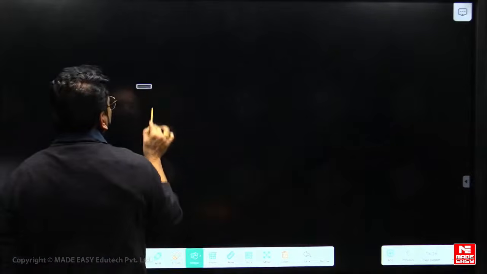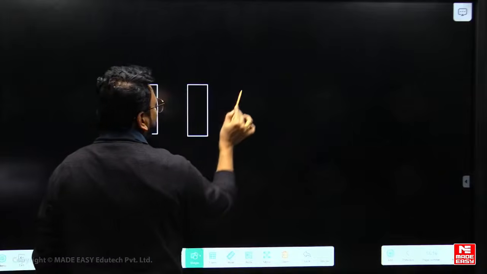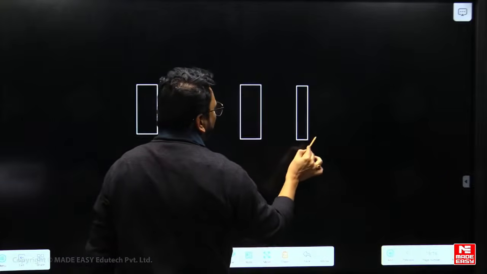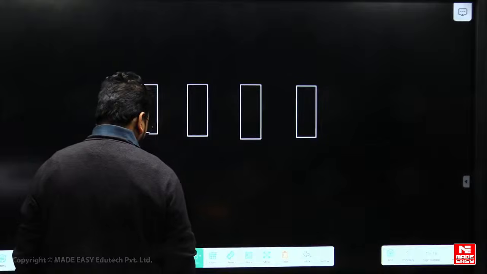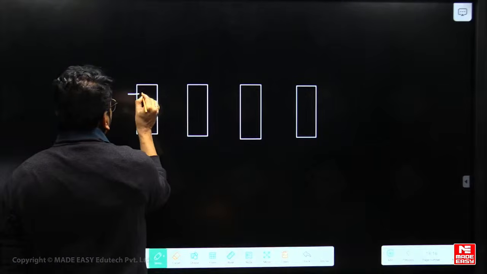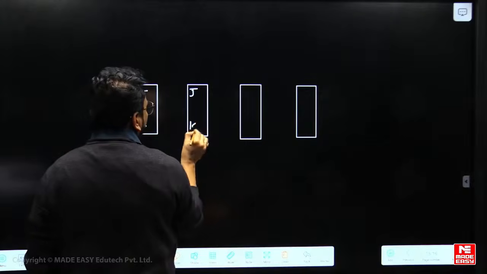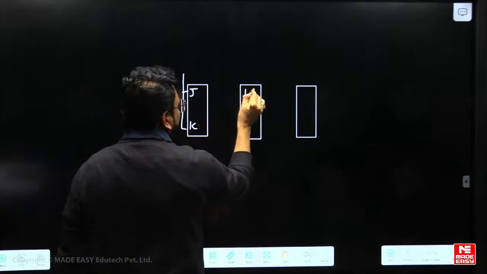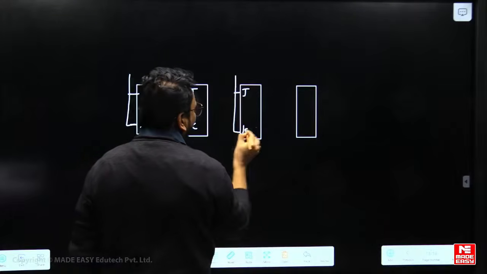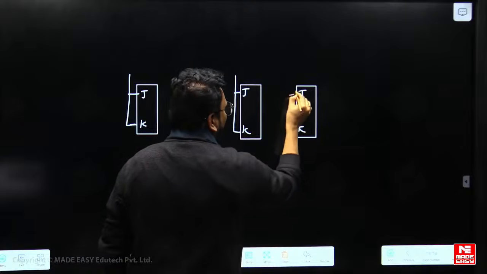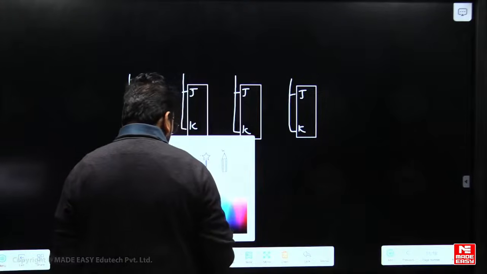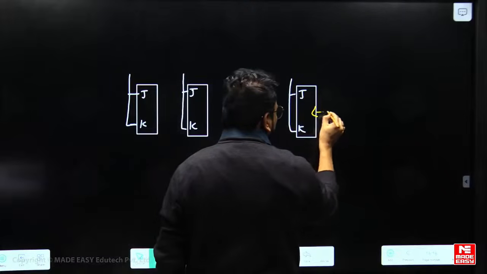For example, they gave it this way. Here JK flip-flops, with inputs connected together like this. JK inputs connected together means they are using T flip-flops, and they are making the connection like this.